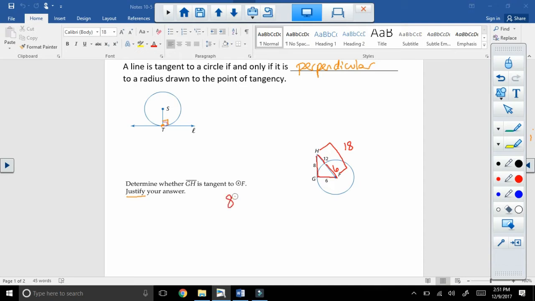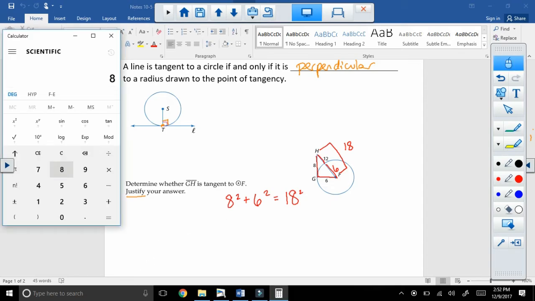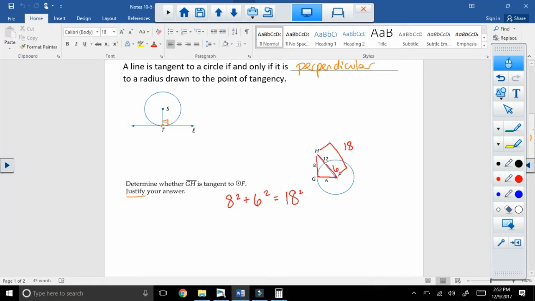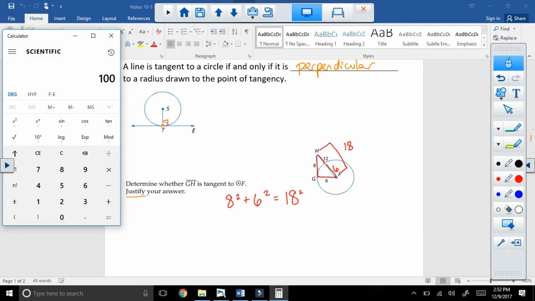So I'm going to check and see if this is a right triangle by checking to see if this works in the Pythagorean theorem. And you can go ahead and grab a calculator. So let's do 8 squared plus 6 squared to get 100.